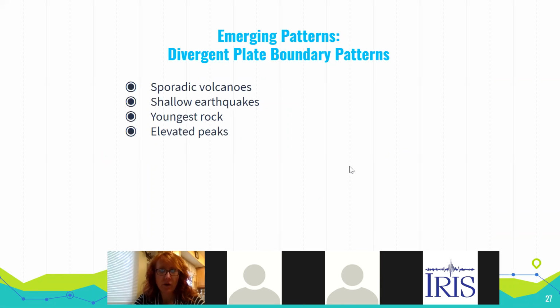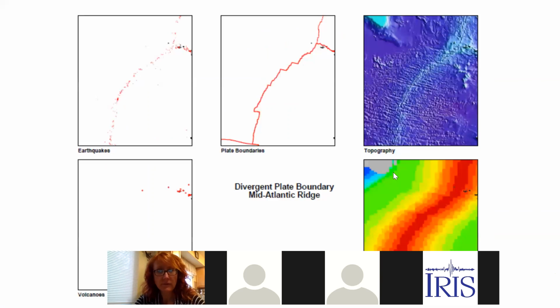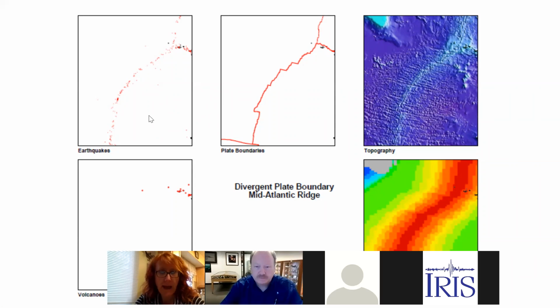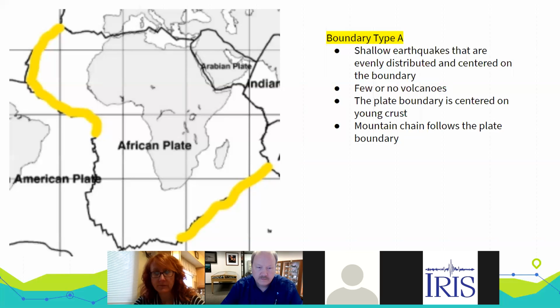So same thing for divergent plate boundaries. We used that as an exemplar earlier. And then here's an image showing the different pieces from the specialty maps together to show how those characteristics come together into a classification. Oh, and I don't know why I put that back in there.